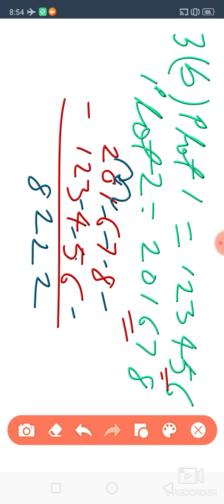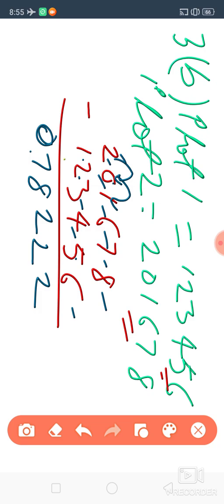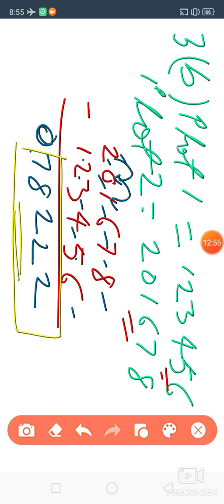Here 9 is left. 9 minus 2, 7. And here it is borrowed, so 1. 1 minus 1 will get 0. So how much are we getting? The second plot is 78,222 rupees more than the first. Okay, so you have understood this part.